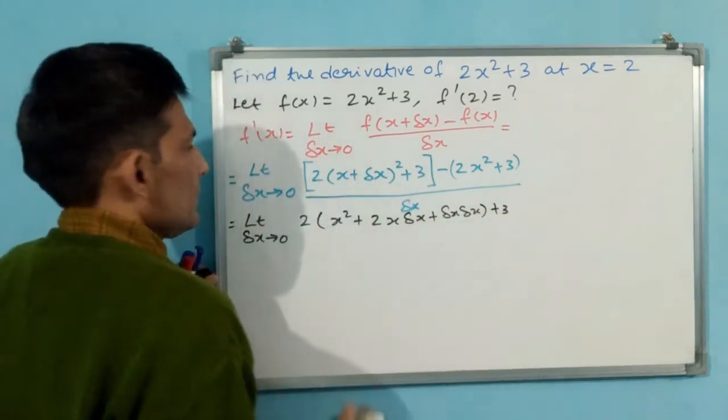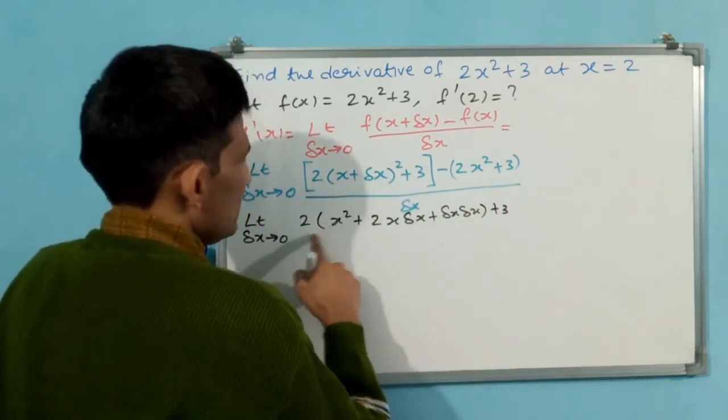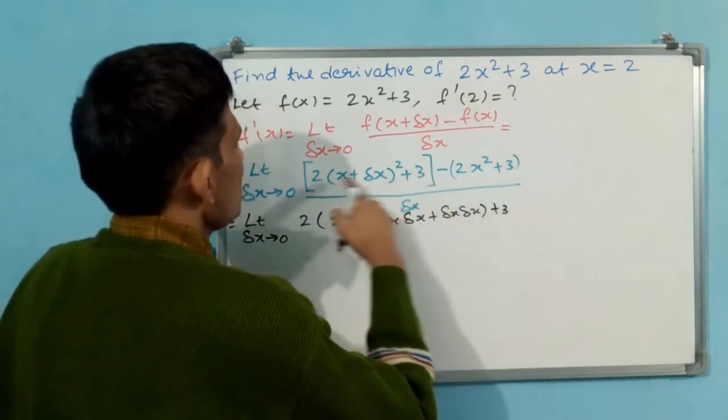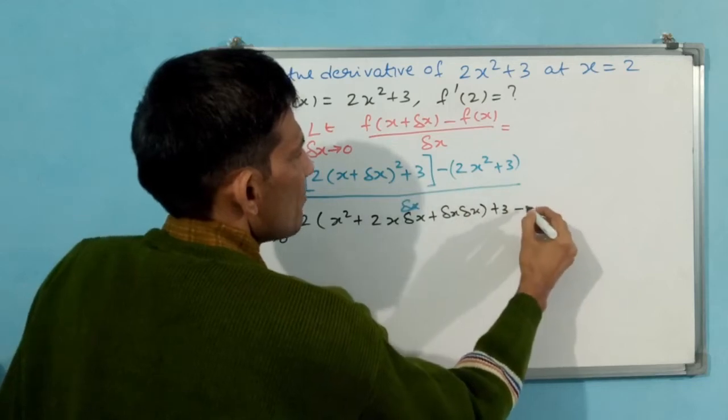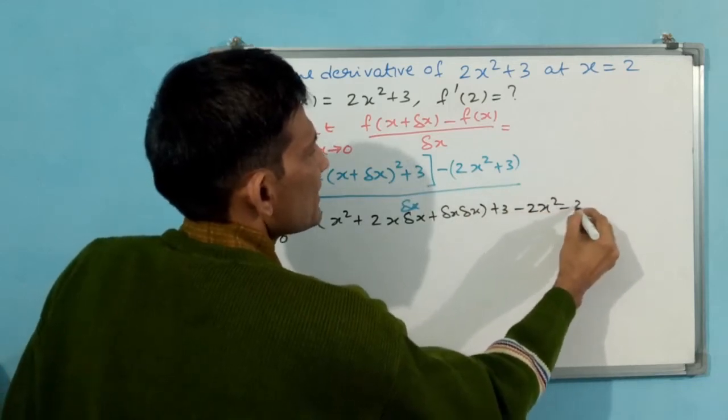For this 3 there is no control on 2. Now you open this, minus 2x square minus 3, is it okay?